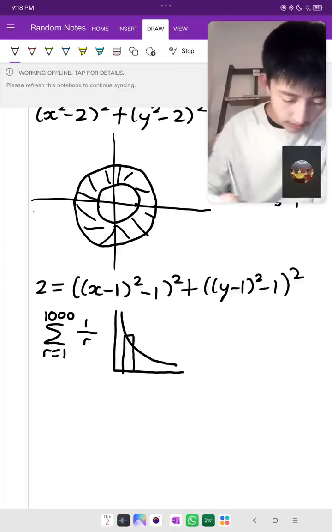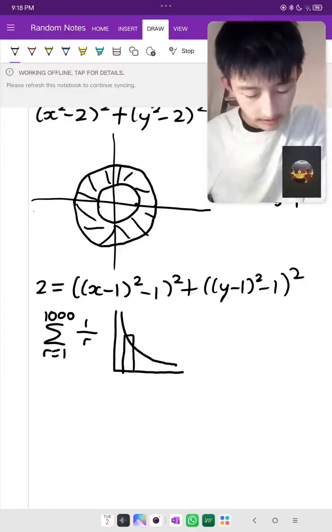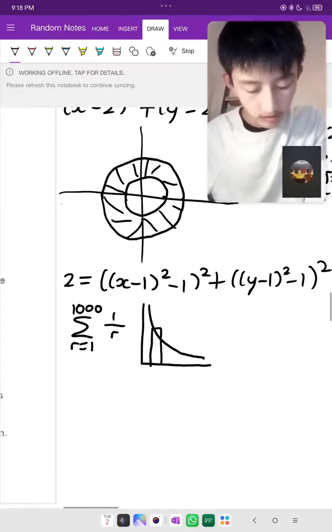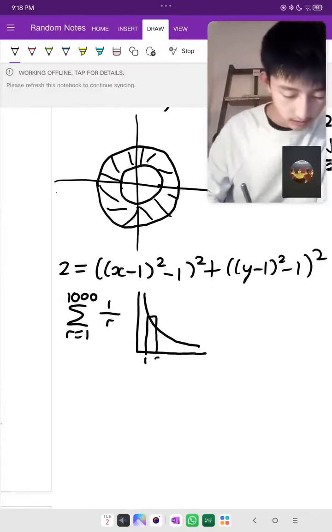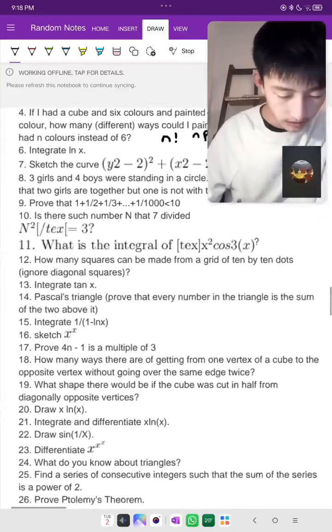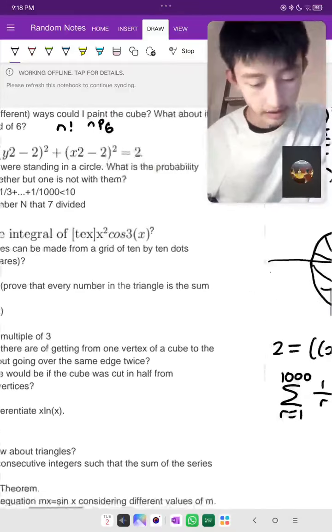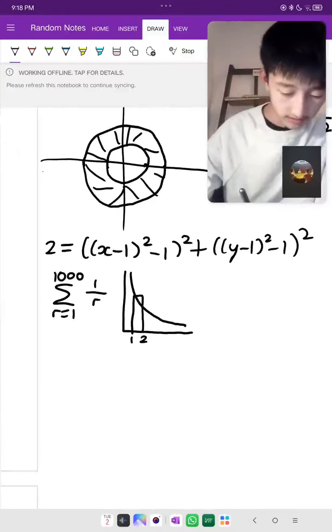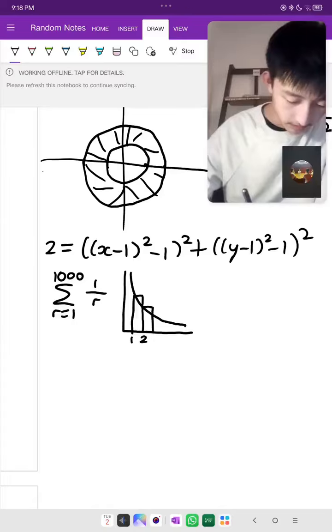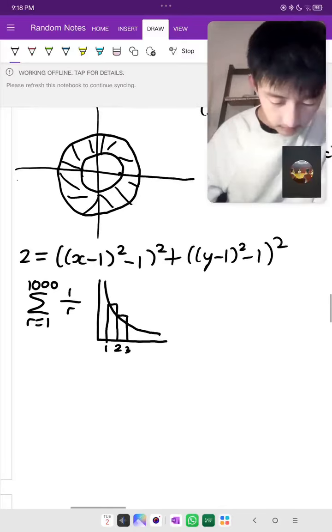I could do rectangles like that, but that means my area must be an underestimate of what the actual sum is, and we need a less than inequality. So this works if my integral is an underestimate, so we get something like this.